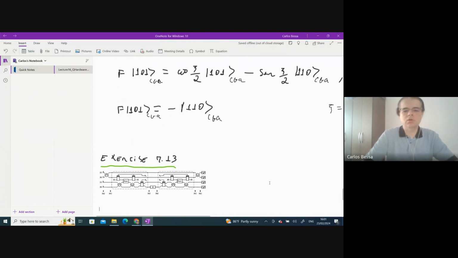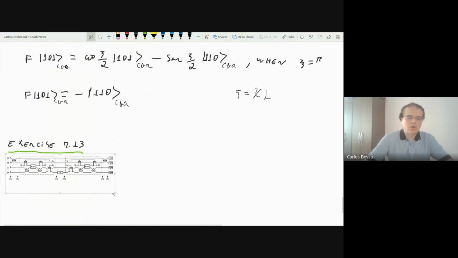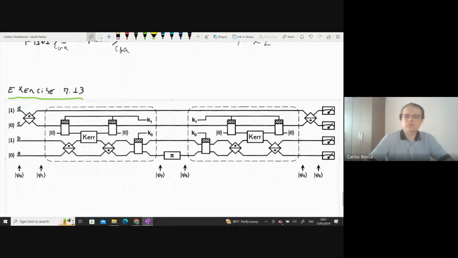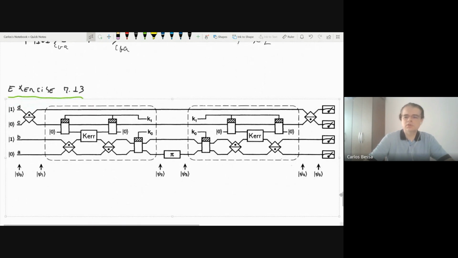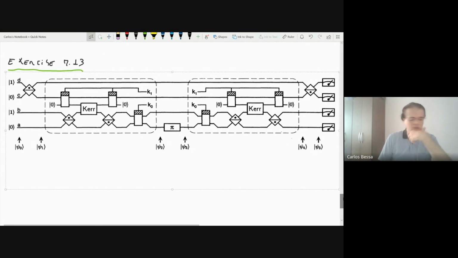Okay, it's the circuit, just okay, I think it's much better. That's basically the circuit that we consider.